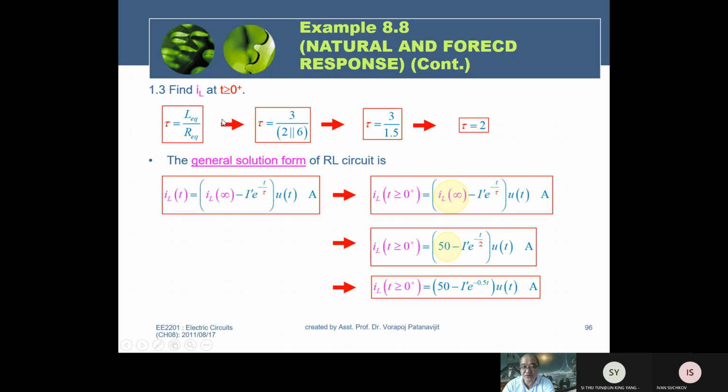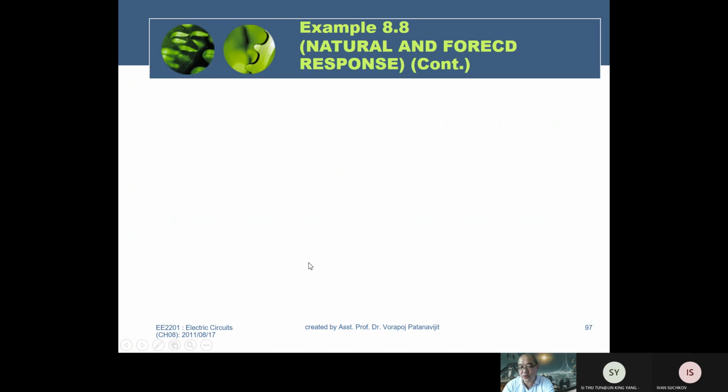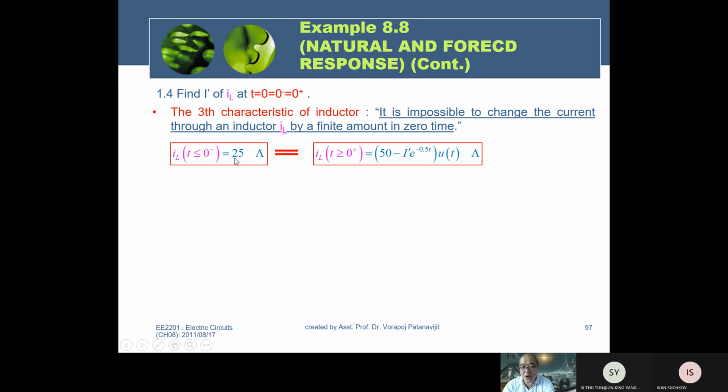Now you can take advantage of 1.1 equal to 1.3, where 1.1 is for time less than 0, by using the third characteristic of the inductor, which states that it is impossible to change the current through an inductor IL by a finite amount in zero time. Therefore, IL will be equal to 25 amp for time less than 0. And for time greater than 0, IL equals 50 minus I_h e to the power minus 0.5t u(t).